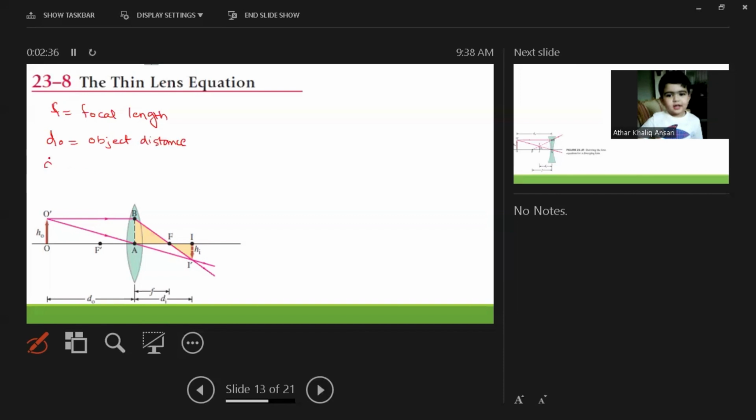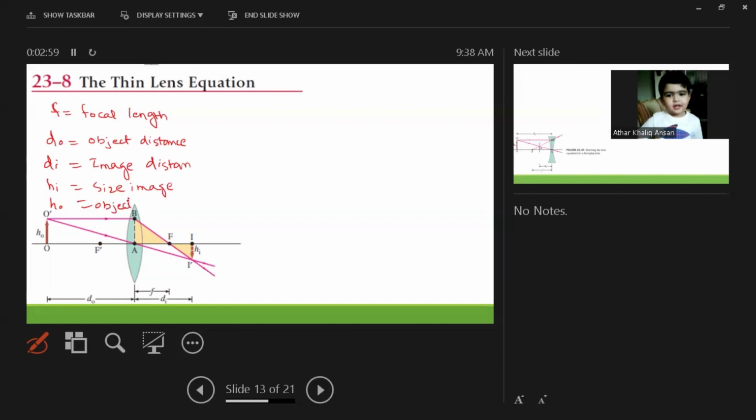DI is the distance of the image from the lens, you can say image distance. One more thing: the height of the image is HI, the size of the image, and HO is the size of the object.